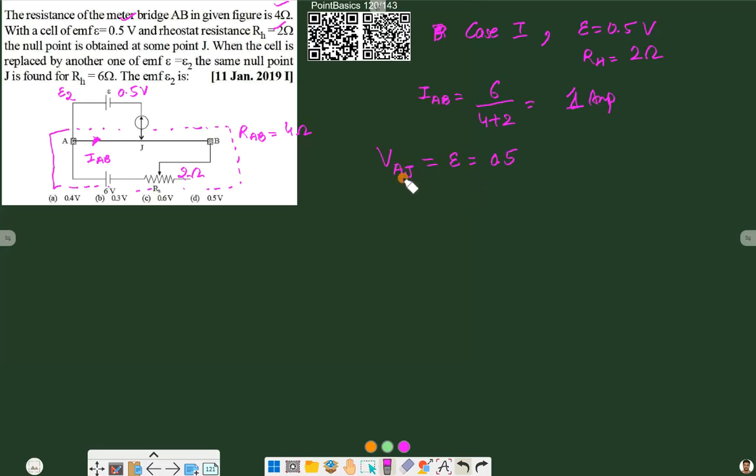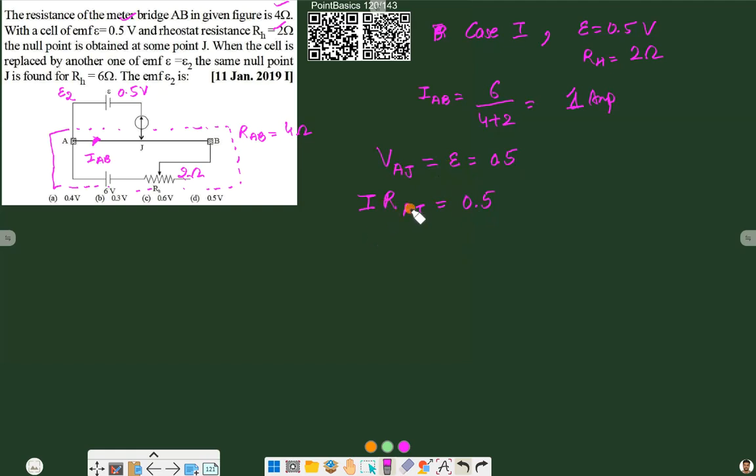Now how do we find VAJ? We can find VAJ by current times the resistance of AJ. If we can find the resistance of the wire from point A up to point J, then we multiply it with the current and we get VAJ, which is equal to E, that is 0.5.